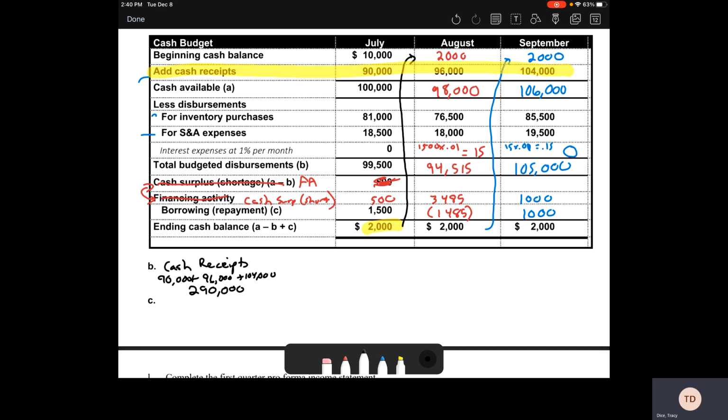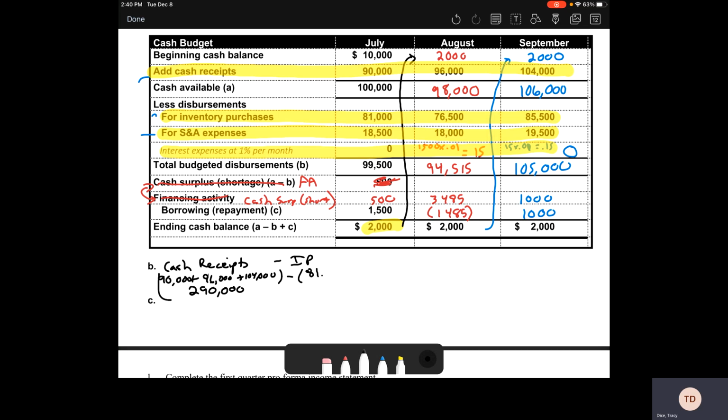So that's our inflow. Now we need to take our outflows. So that would be our inventory purchases, our selling and administrative expenses, and our interest expenses. So it's all of those. So we're going to say minus inventory purchases. So we have to add all those up.